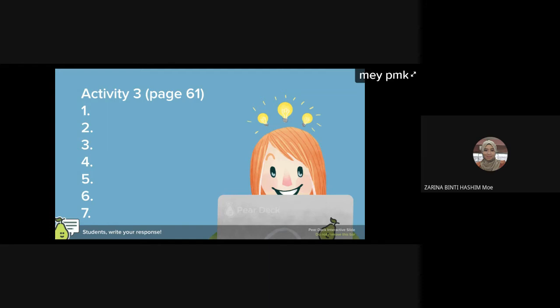Number 2. To show the length of time that an action will have lasted at a point of time in the future. Just now it was a specific time, July. Now it is the length of time. The keywords here are length of time, tempoh masa.